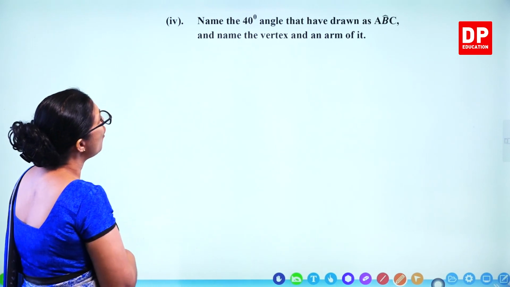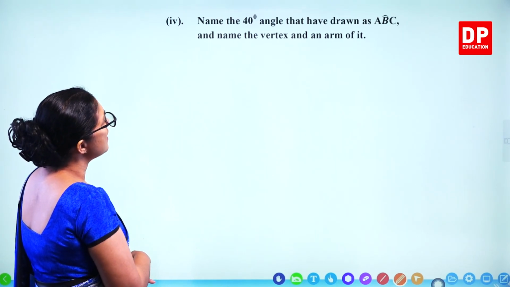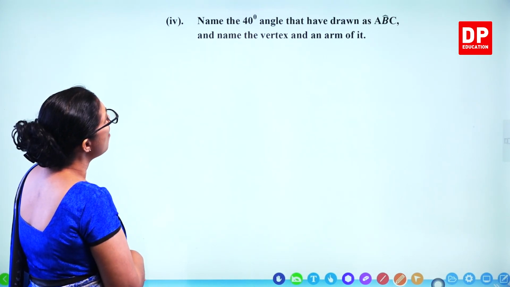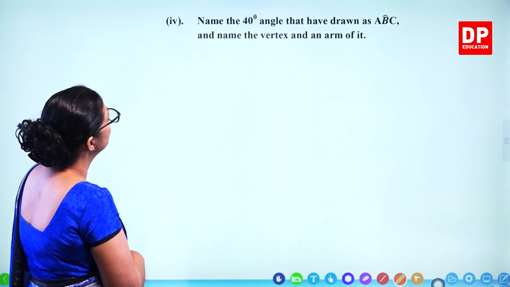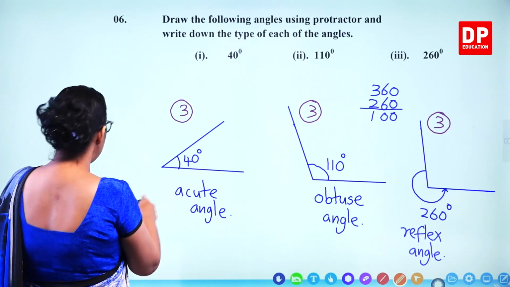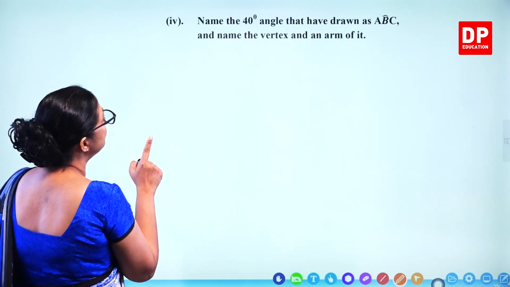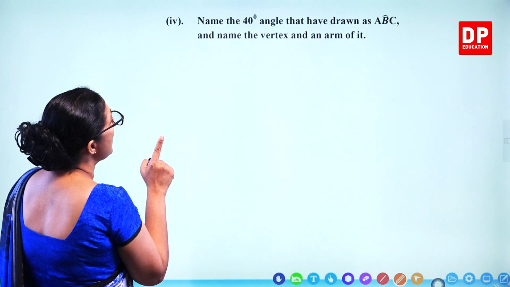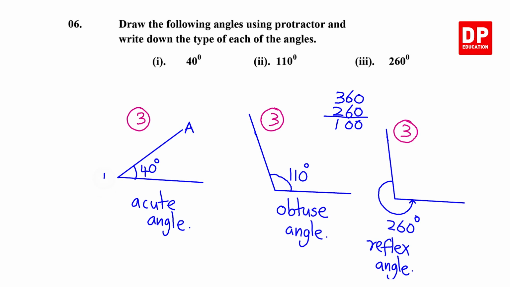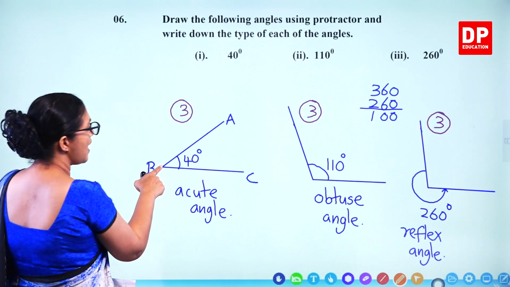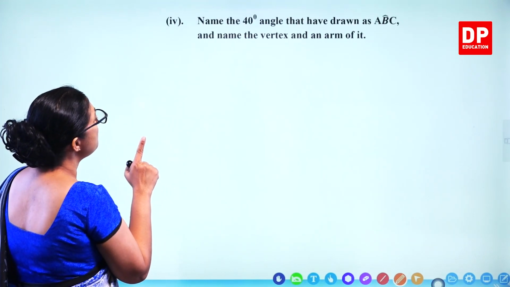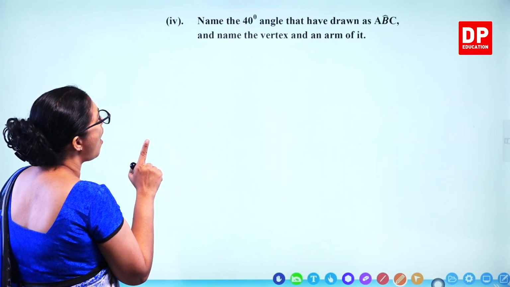Fourth part, name the 40-degree angle that you have drawn as ABC and name the vertex and an arm of it. So whatever you did here, the 40-degree angle, label it ABC. B is the angle. We can write A, B, C. Name the vertex and an arm of it.